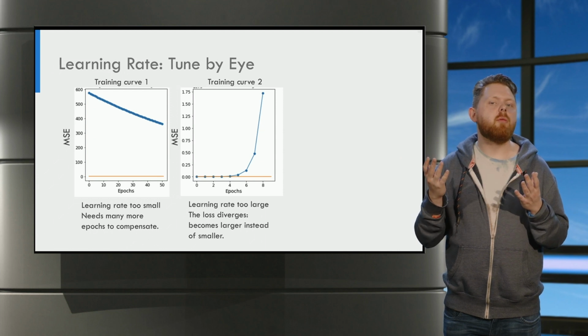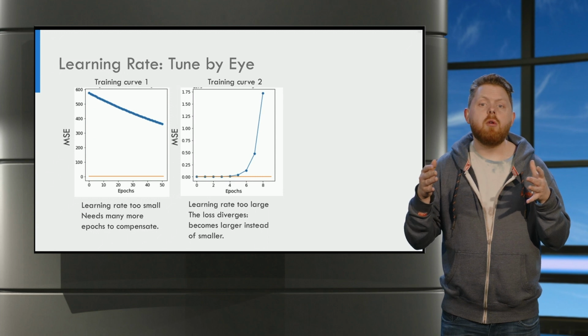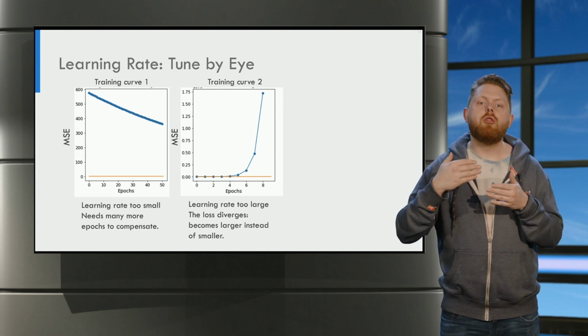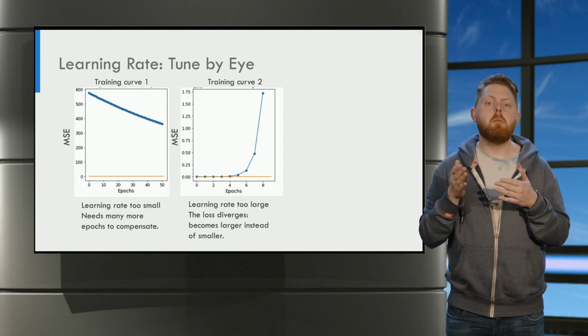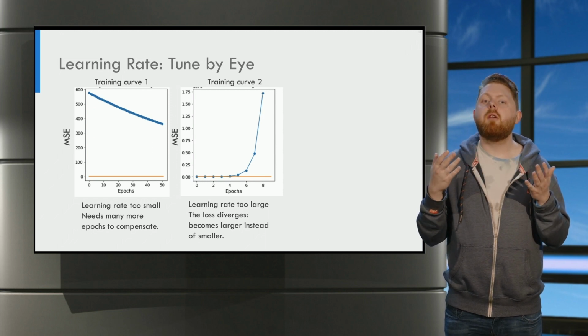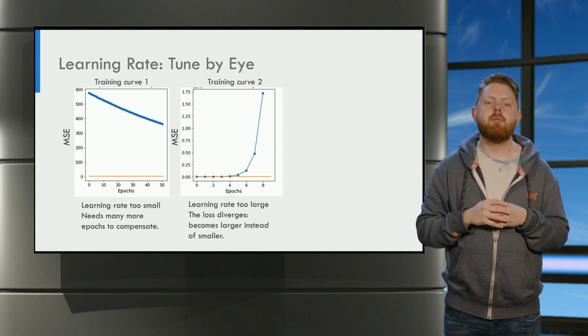Why does this happen? Well, remember, the gradient is only locally valid. If the steps we take are too large, the direction we start out with may not be correct anymore. In that case, you will see that the loss increases instead of decreases.